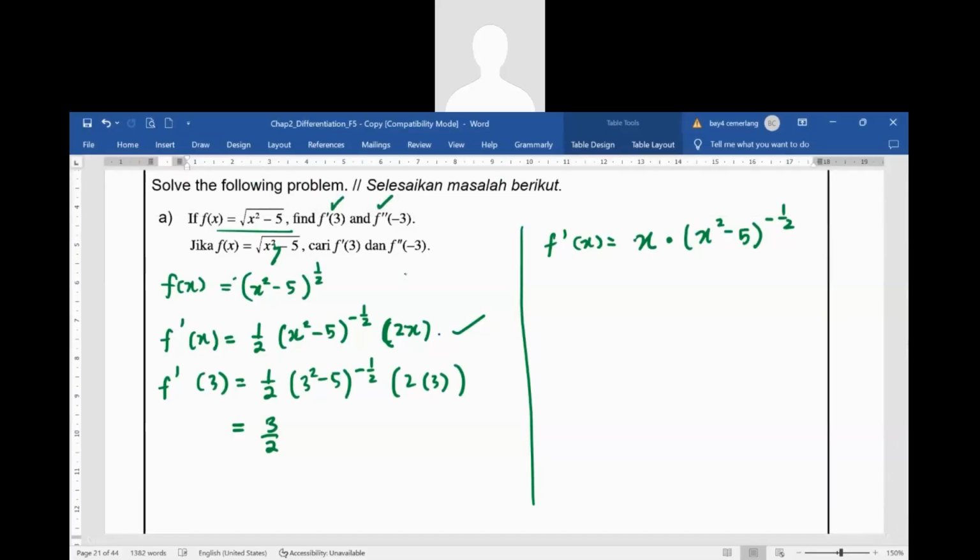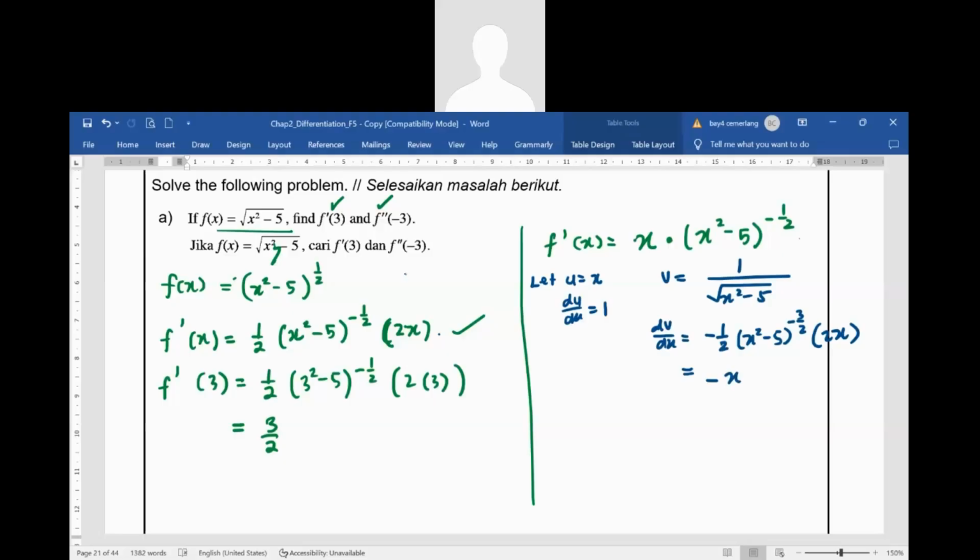Okay, right. So now let u equal x, du dx equals 1. V equals, what is this? 1 over square root of x square minus 5. I just change the form into the proper one. And then dv dx is negative 1 over 2 x square minus 5 power negative 3 over 2, and then times inside 2x. So negative half multiply 2x becomes negative x, times x square minus 5 power negative 3 over 2.